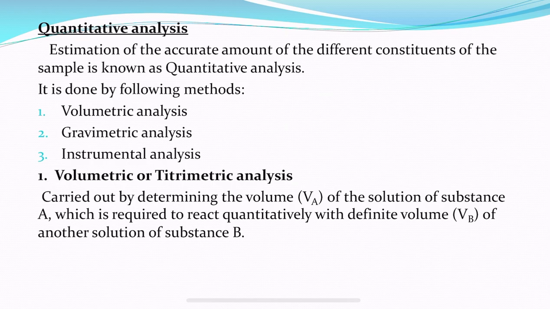Volumetric analysis is carried out by determining the volume Va of a solution of substance A which is required to react quantitatively with a definite volume Vb of another solution of a substance. This is what takes place in volumetric analysis.